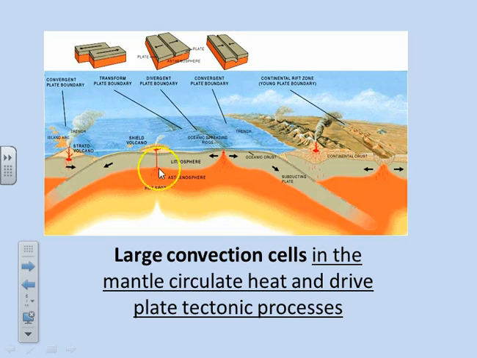This graphic is actually really interesting. Here you've got a divergent boundary, a convergent boundary, a transform boundary, and then you can also see where those are labeled here in the graphic.